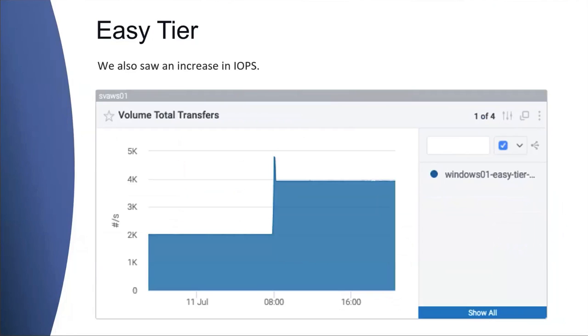Just as important as service times going down is performance going up. Here, that 2,000 governor that we hit, which was the extra 23% on top of the 1,500 from the cache, we're now able to achieve 4,000 IOPS on that particular volume.